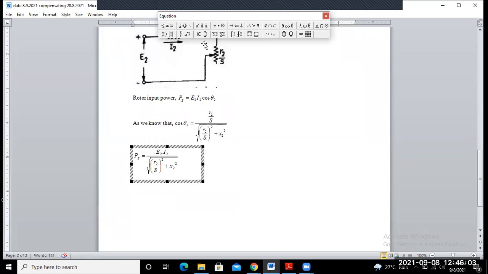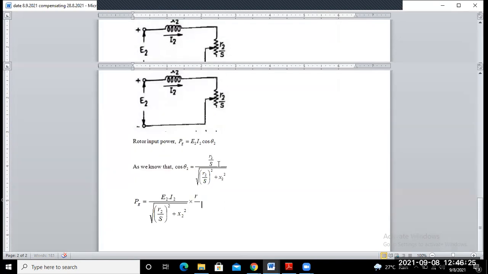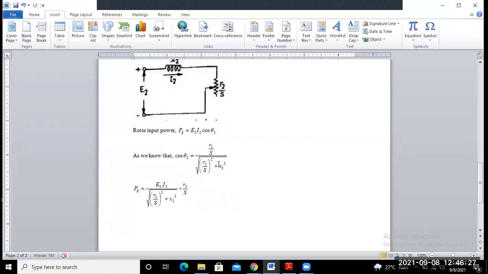Into R2 by S. As you know, E2 divided by the square root of R2 by S whole square plus X2 square can be replaced by I2.